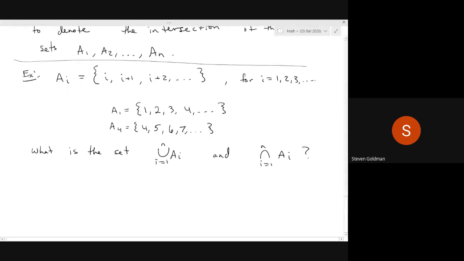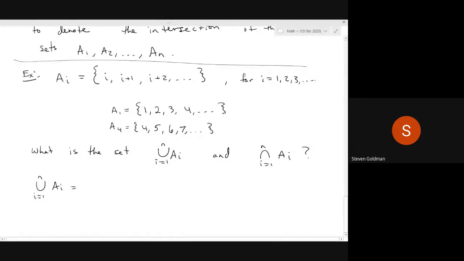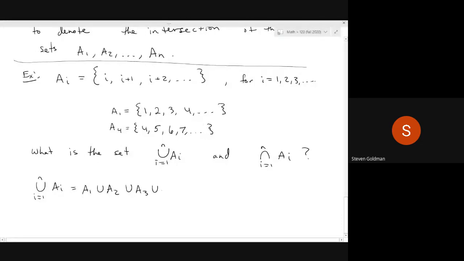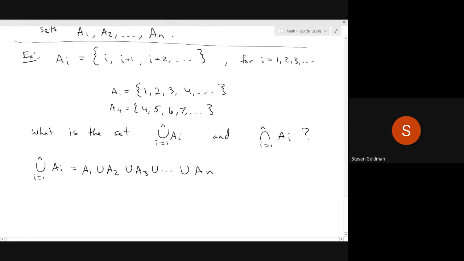All right, so let's look at the union first. The union from I equals 1 to n of A sub I. That's the union of A sub 1, A sub 2, A sub 3, all the way up to A sub n. What is that going to be?